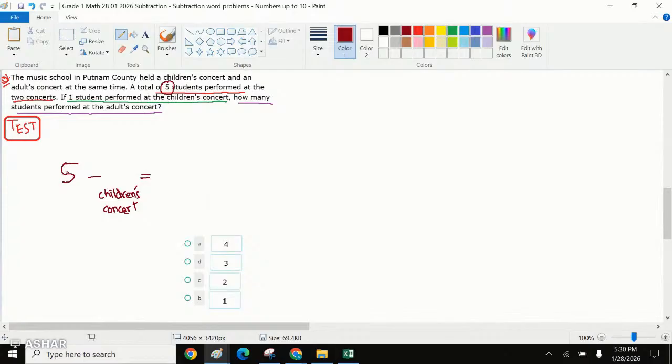If the total was 5 and one student performed at the children's concert, then how many would be performing at the adults' concert? Yes, thank you, Crensley. That is 4, and that is option number A. Okay, thank you so much. We write option number A.